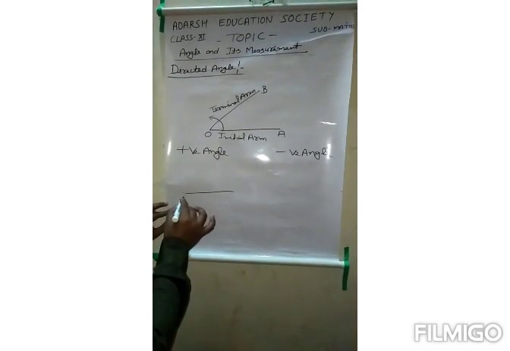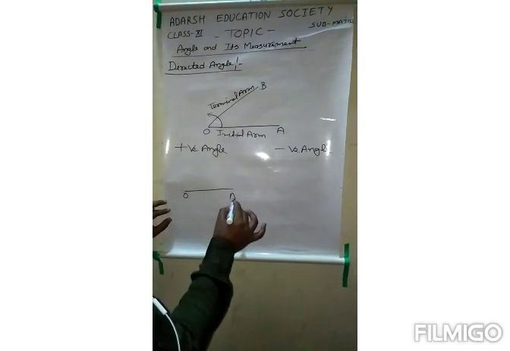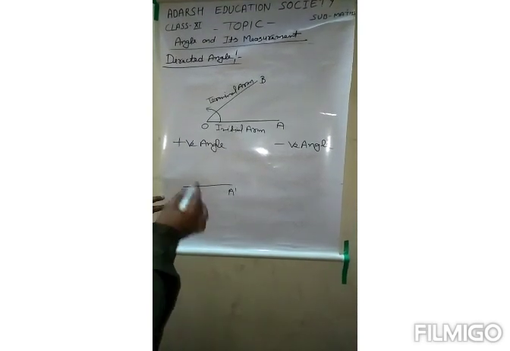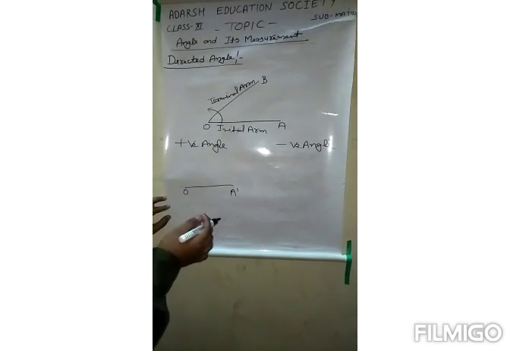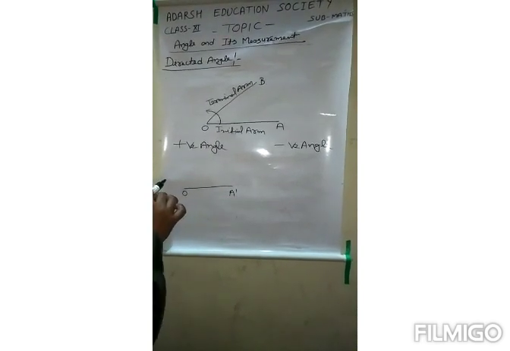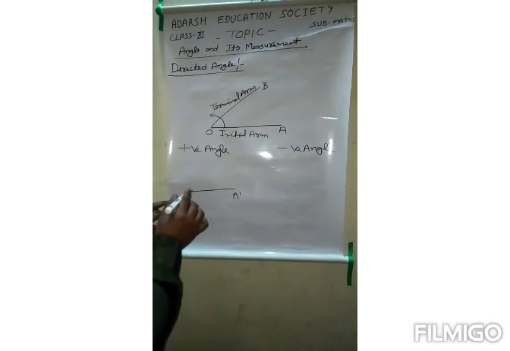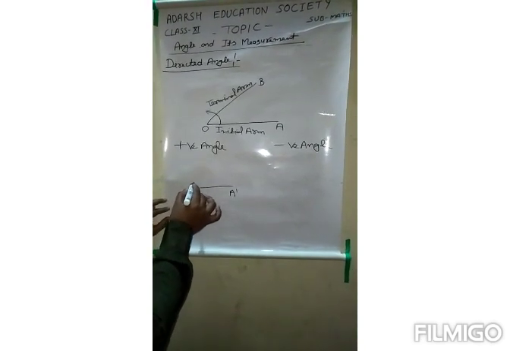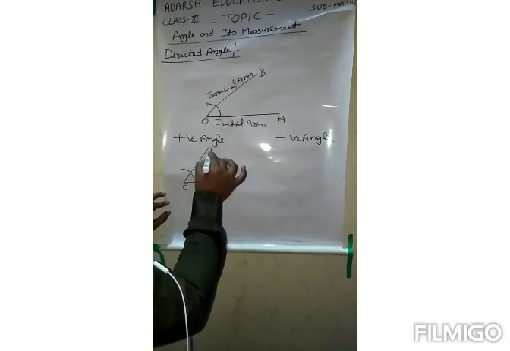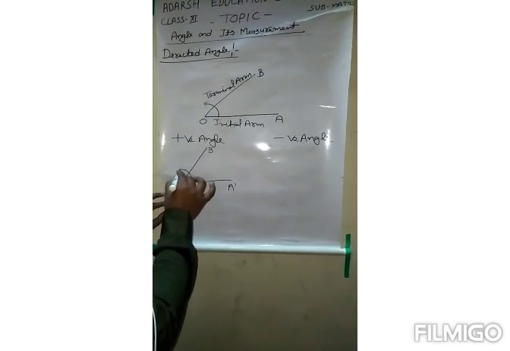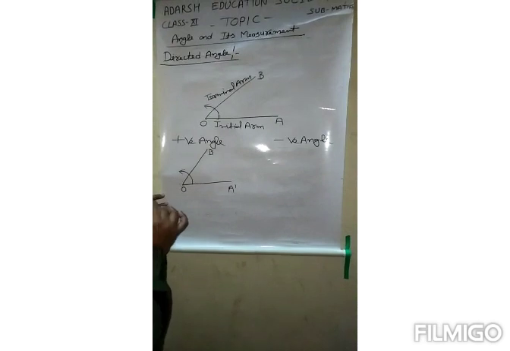Let us draw another ray OA dash. Now if our sense of rotation is towards the anti-clockwise direction, then the formed angle is said to be a positive angle.